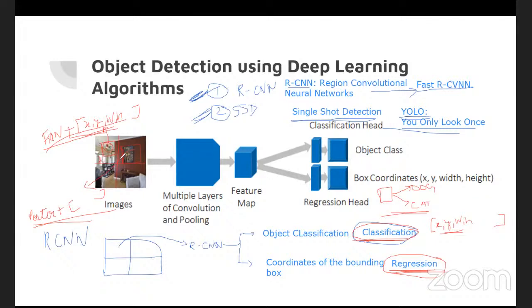This is the width and this is the height. So these are the four coordinates of the bounding boxes. This is what the RCNN algorithm does: it divides the image into different parts, and for every part it classifies the object and gives the details of the bounding box.